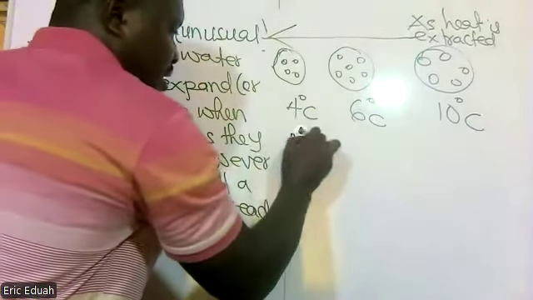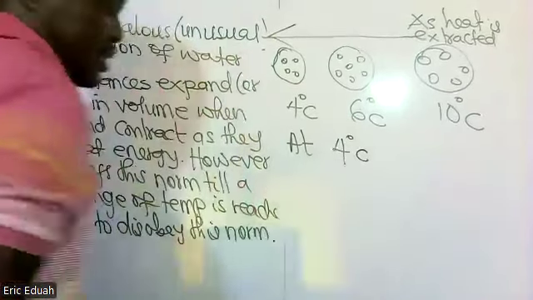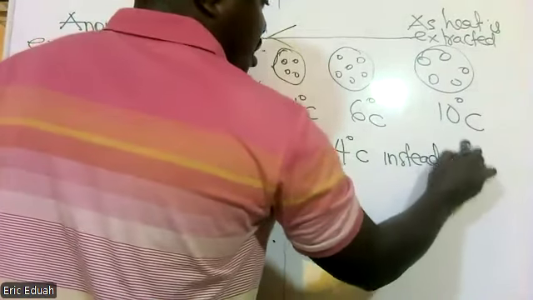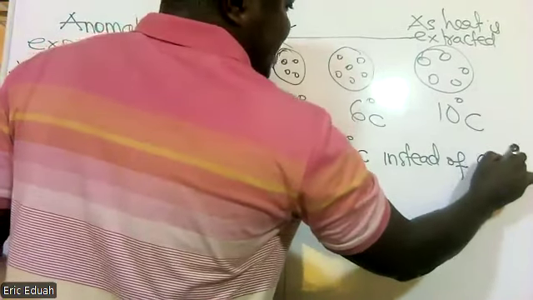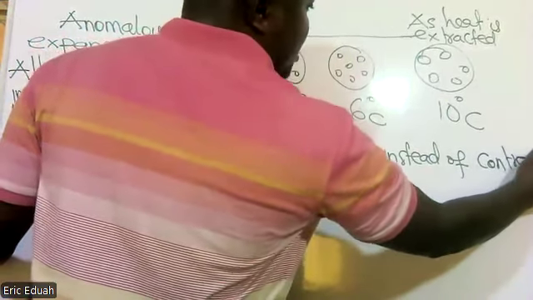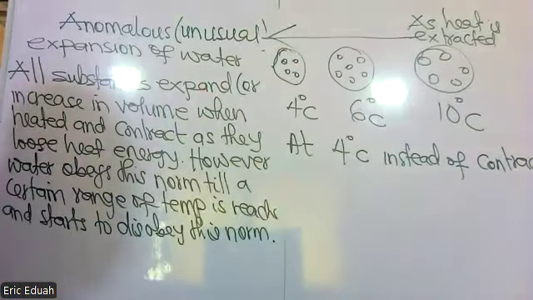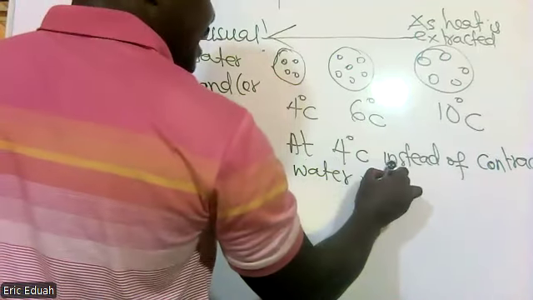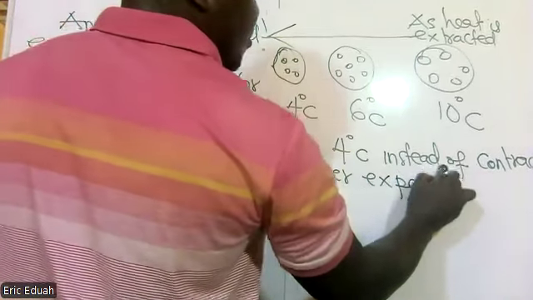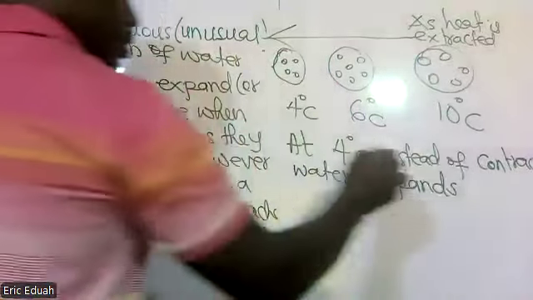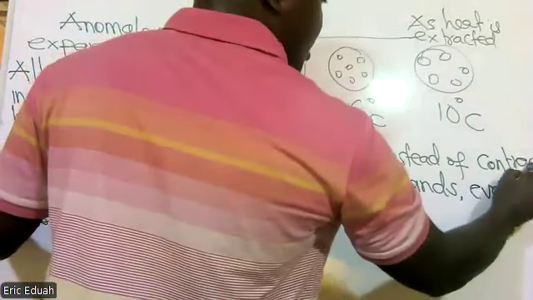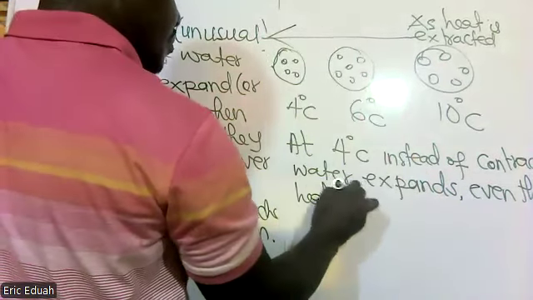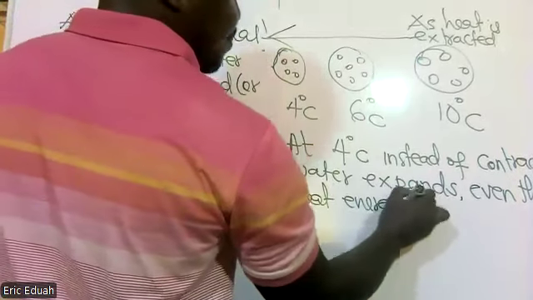So at 4 degrees Celsius, instead of contracting, meaning reducing in volume, water expands, even though heat energy is being extracted.